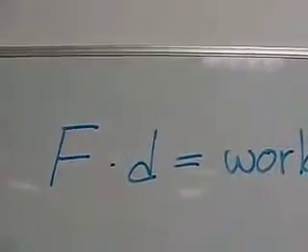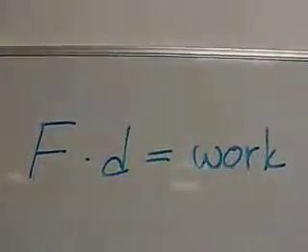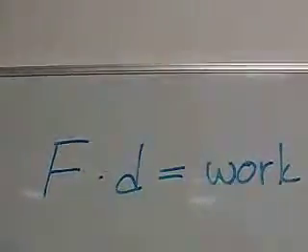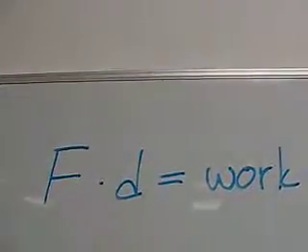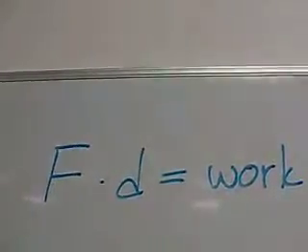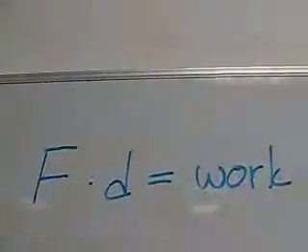That quantity, force times the distance, we call work, and that's measured in joules. And it also tells us how much kinetic energy the object is going to have after it's being pushed by the constant force F over the distance d.